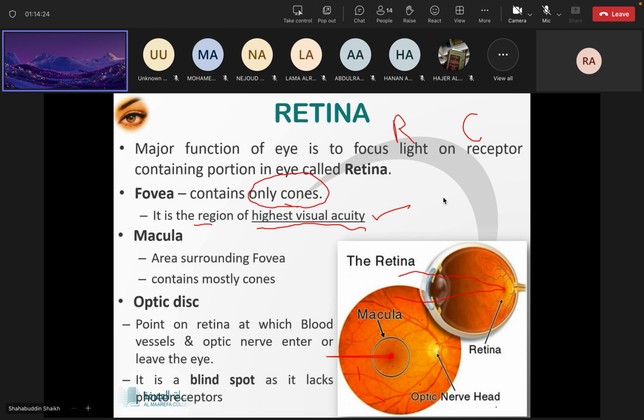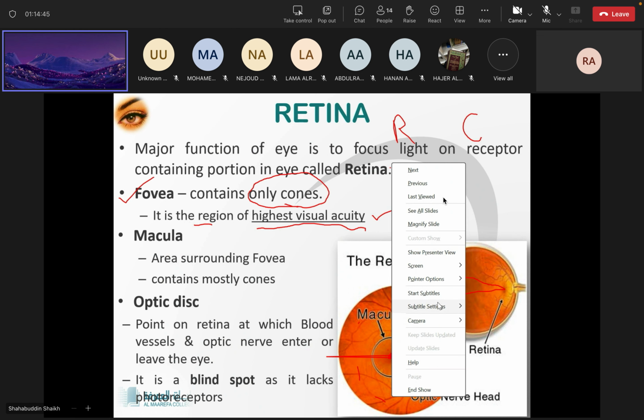What is your answer? Fovea. Yes, please remember: which of the following has got maximum or highest visual acuity? The option will have retina, fovea, macula, optic disc, anything. So the answer is fovea centralis. Please remember this.